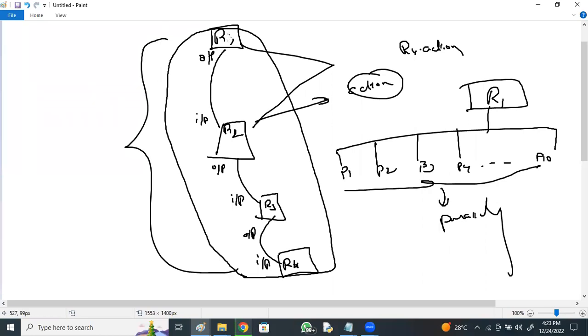So whenever R1 output is collected by R2, when R2 partitions load and R2 computation is finished, R1 gets removed from the RAM. When R1 is ready, R2 is ready, R1 gets removed. Slowly, when R2 output is collected by R3, and R3 is ready, R2 gets removed from the RAM.